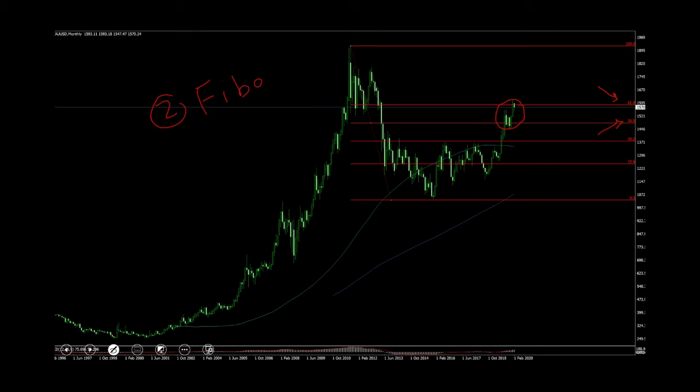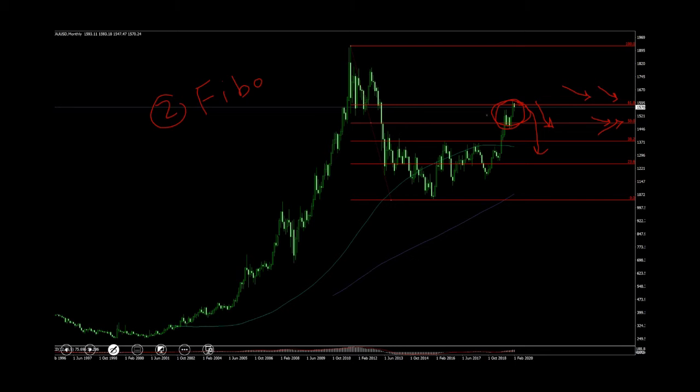When you're stuck between these two levels, I think it's a good opportunity to sell. Both the Fibonacci 50%, which is this one, and Fibonacci 61.8% are very notorious for being good levels to catch trades, whether it's sell or buy. In this scenario, we're looking for a selling position, which is very well favored at this point.